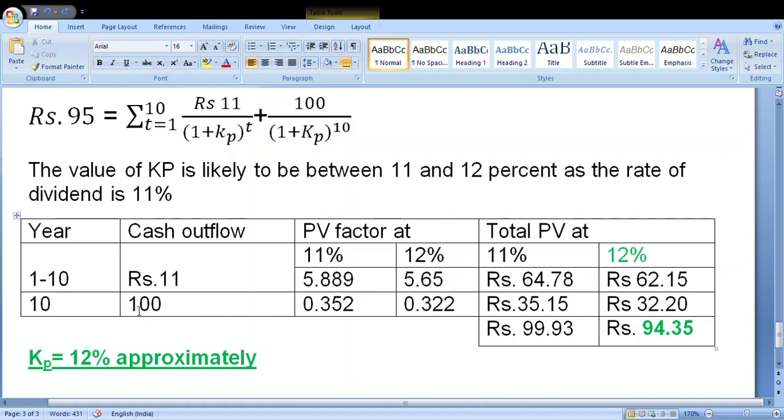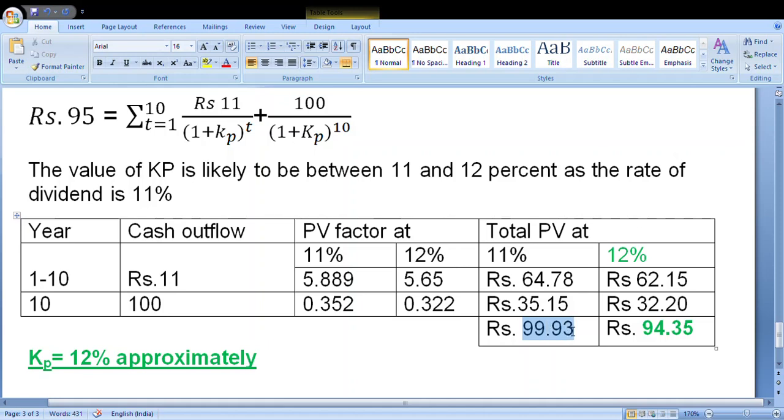And this payment, as it is a single payment in the 10th year, we checked table A3, 10th year at 11%, and this one 12%, 10th year. If we multiply this 5.889 by rupees 11, we get this figure. The same way, the 12% value of 5.65 when multiplied by 11 gives this value. So these are the totals.